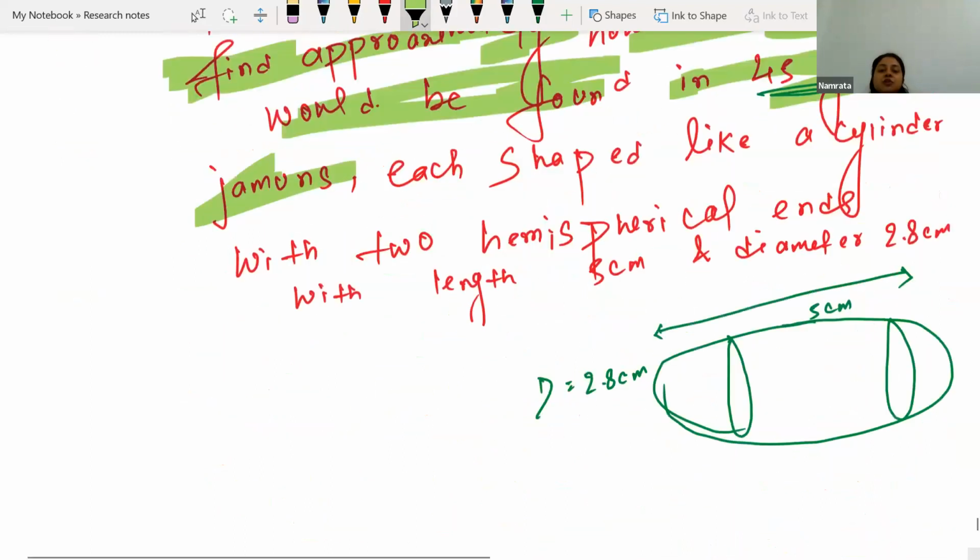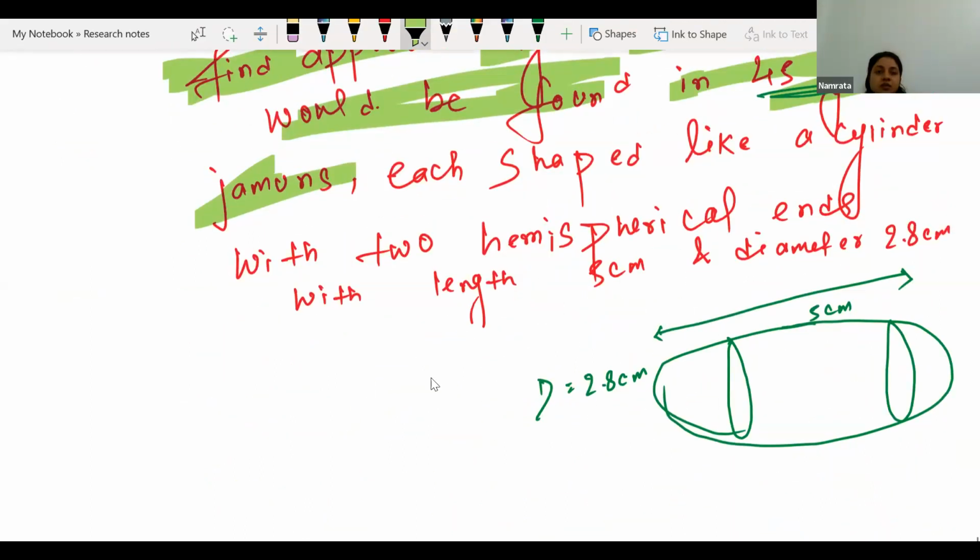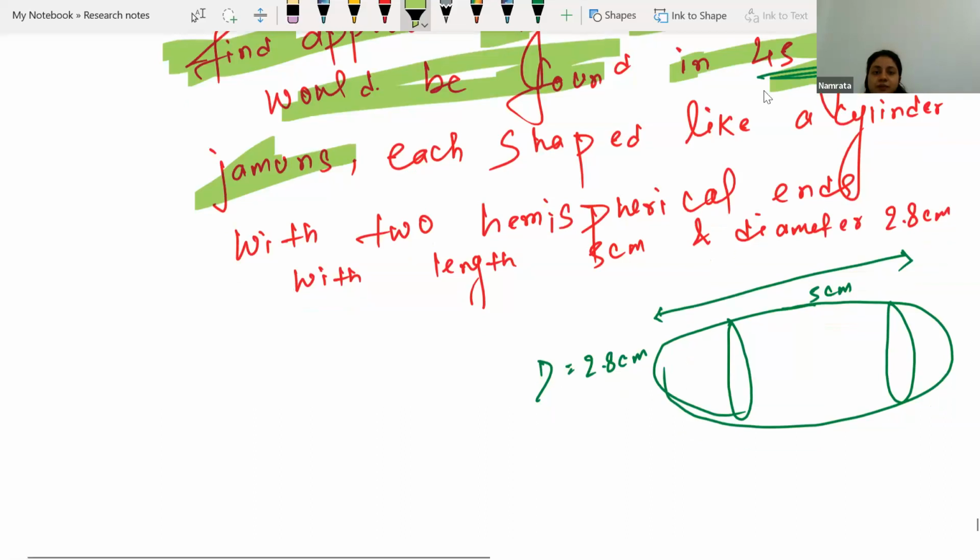So what to do over here? Anyone? Ma'am, volume of cylinder plus 2 into volume of hemisphere. Yeah, that will give the total volume, right? Yes, ma'am. So the volume of the cylinder we will be finding.